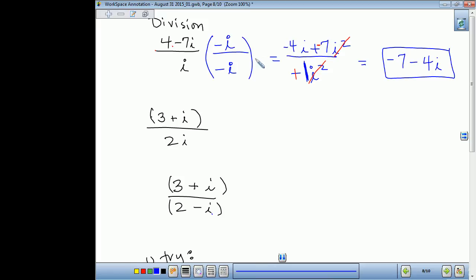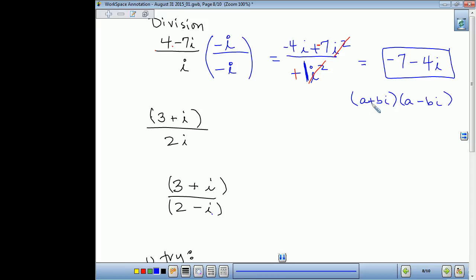Yes, they are. So let's see what happens when I take any complex number. I'm going to let a plus bi represent any complex number. And what would the conjugate of this be? A minus bi.